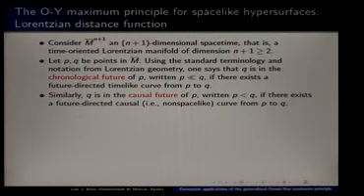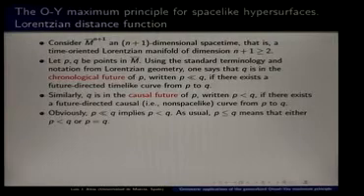Again, the velocity vector of the curve is either a time-like or null vector, and always points to the future. Obviously, if Q is in the chronological future of P, then Q is also in the causal future of P, and as usual we say that P is less than or equal to Q if either P is less than Q or they are equal.